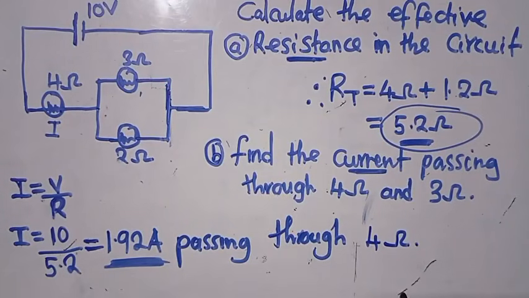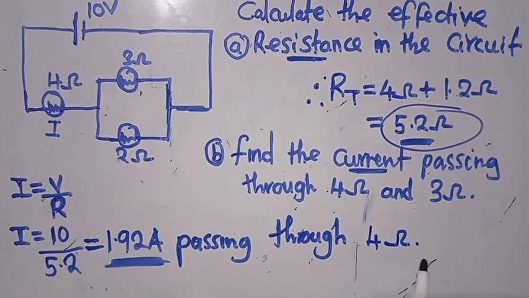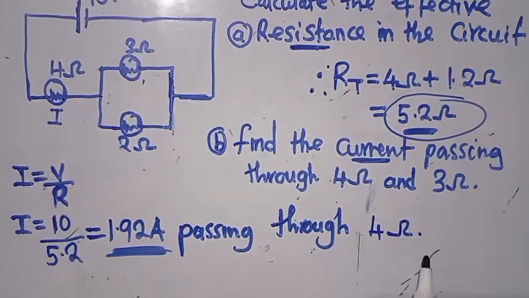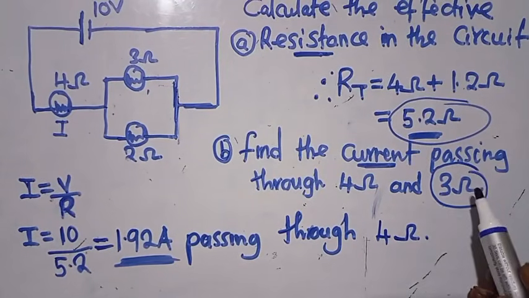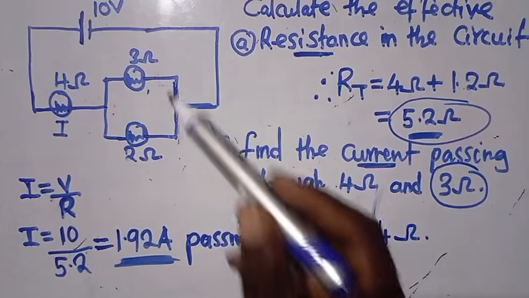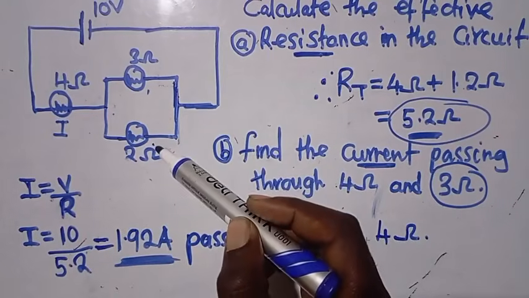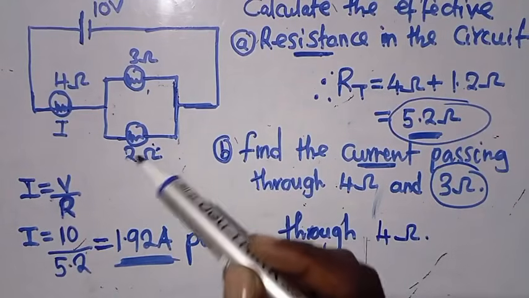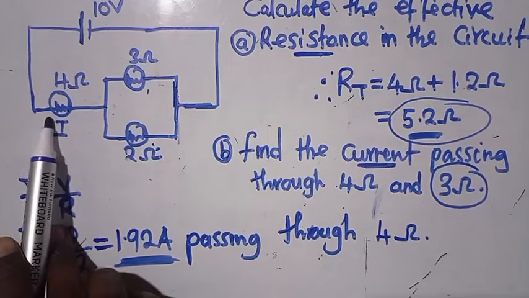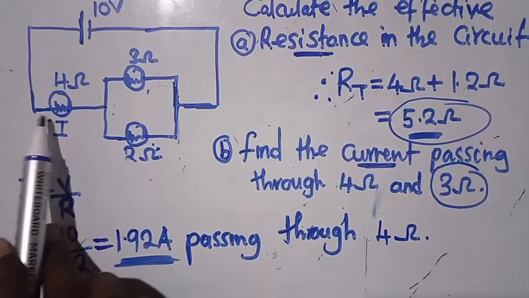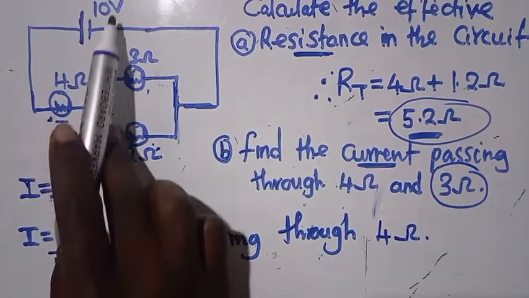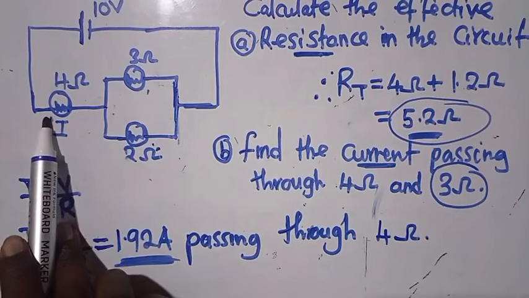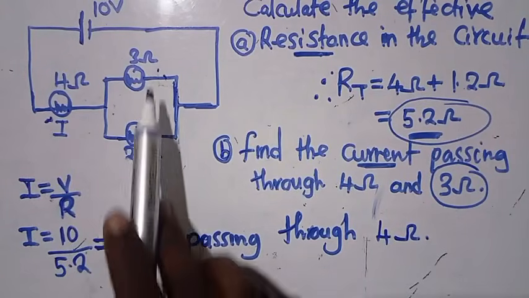But for us to find the one passing through this one, since we know that voltage is the same, we need to know the voltage passing through that one. After finding that voltage, we say 10 minus the voltage that is here, because voltage is the what?